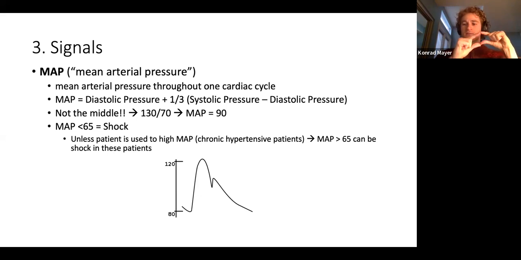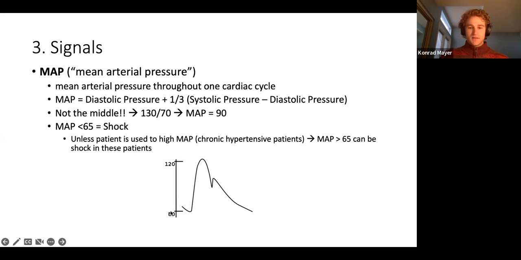And I want to explain this a little bit more because for the first few years of my medical studies, I always thought, oh yeah, the mean arterial pressure is just the average of the blood pressure. But that's not true. Mean arterial pressure is the arterial pressure that is in the vasculature for one cardiac cycle. And I wrote this here, it is not the middle.